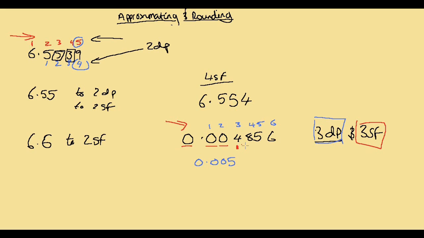So there's 1, 2, 3, 4. We need to find the third significant figure and round that. The third significant figure is this 5 here. Do we round it up or down? Well, look at its neighbour. Its neighbour's a 6. That means we round it up. So we get 0.00486, and that is 3 significant figures. And remember, that blue was 3 decimal places.